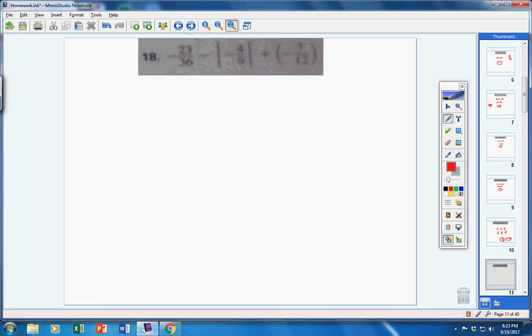Okay, moving on to 19, or excuse me, number 18. Okay, here we go. Now be careful here. The 23 over 26 is negative. Now students, notice we have the absolute value of 4/9.